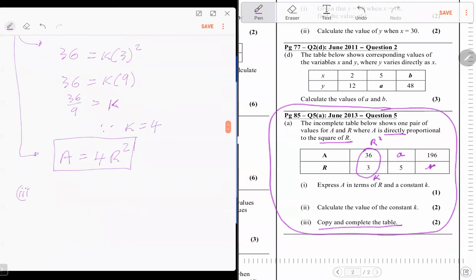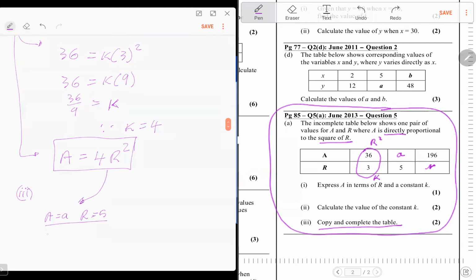Part 3 now, using the formula. In the first case, the A equals small a and the R equals 5. That's right here. Put those values in the formula.